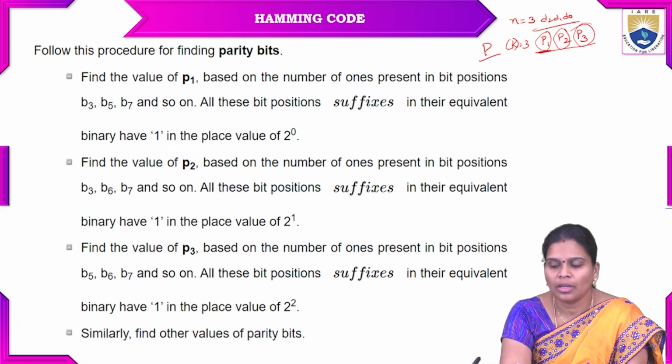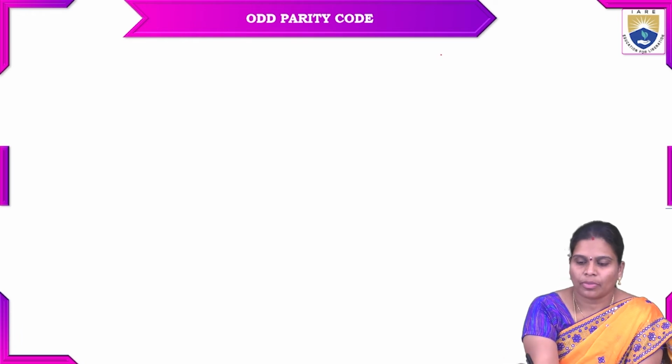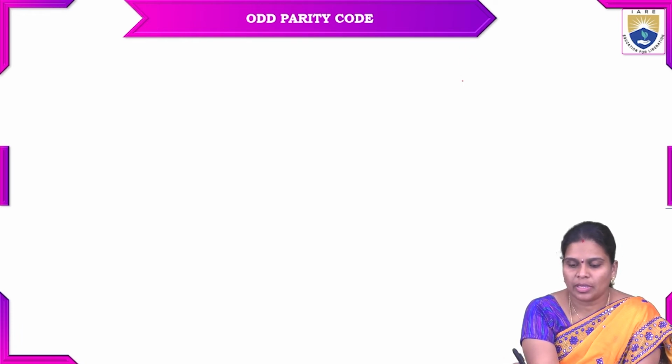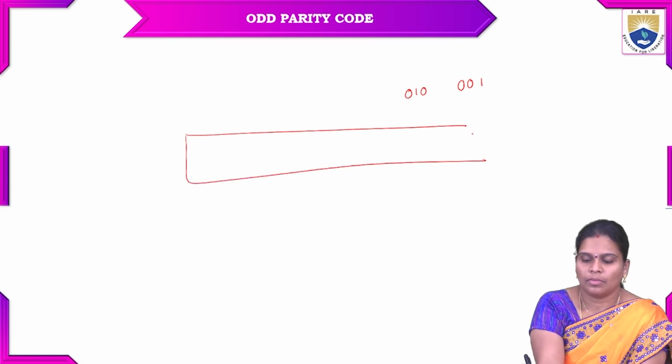For example, here we are taking 7 bits: 0, 0, 1, 0, 1, 0 and so on, numbered 1, 2, 3, 4, 5, 6, 7.